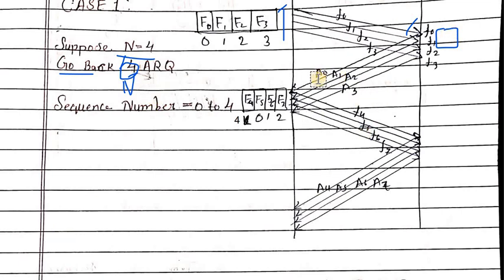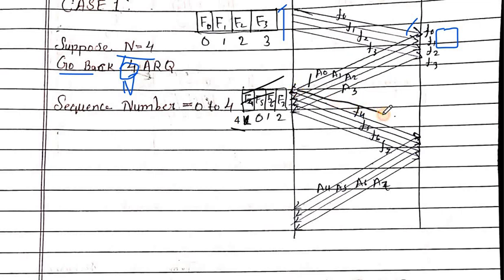After getting the acknowledgement of A0, the transmitter will send the next frame. The next frame is F3 and the next frame is F4. After getting the acknowledgement of A0, the transmitter sends the next frame, whose sequence number is 4 and frame number is 4.